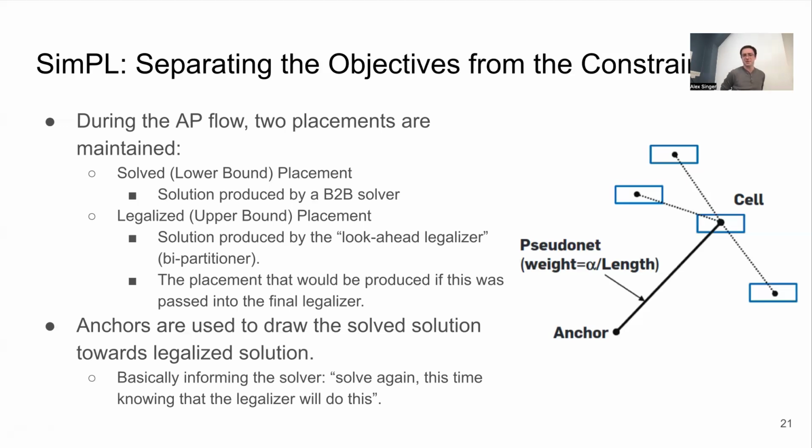That's interesting. I actually never noticed that, because in our global placer, we actually tried dividing by length and it was less stable. But that might just be because bound to bound gets a little funny. So when they divide by length here, I think it's a linearization term because they're using a bound to bound solver. However, when we tried this, I actually found that just setting it equal to or proportional to alpha times some magic terms makes it better.